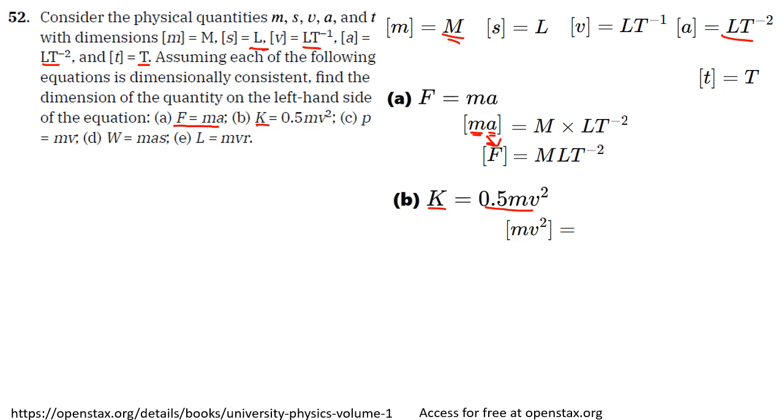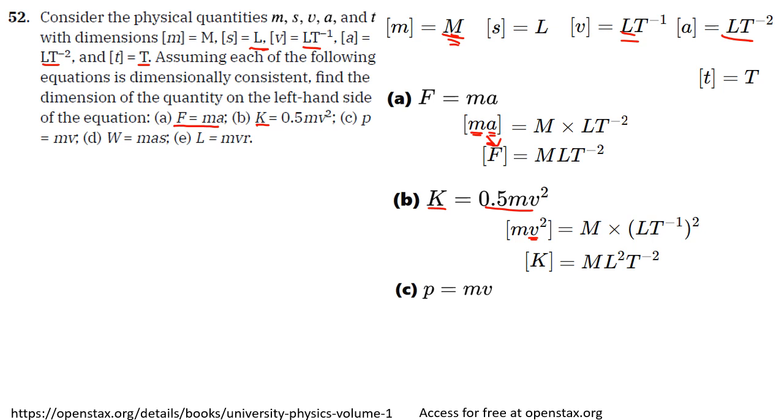M is capital M again, and the dimension of velocity is LT raised to minus 1. If you substitute, M into LT raised to minus 1 squared, this turns out to be ML square T raised to minus 2. You square this term. So this is the dimension of kinetic energy.